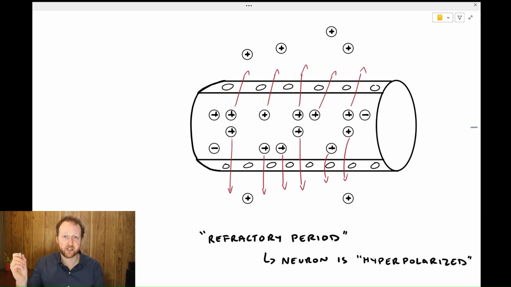After an action potential is fired, the neuron takes a few milliseconds during this refractory period where it is so negatively charged, so hyperpolarized, that it can't fire another action potential.